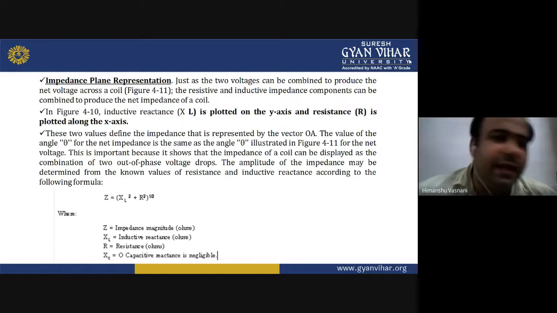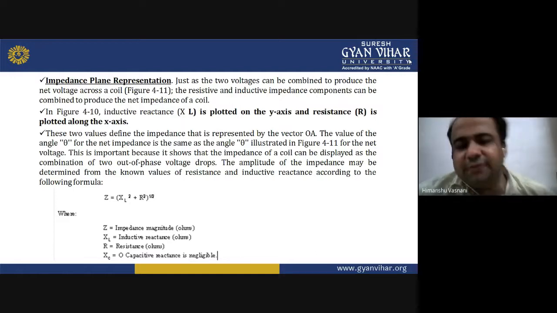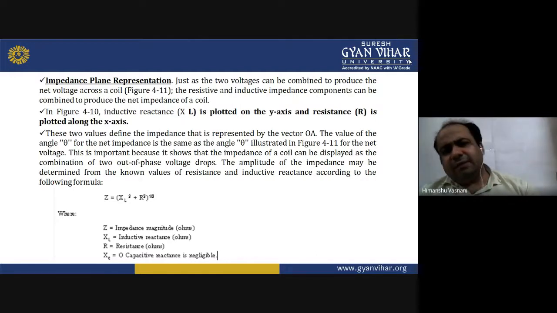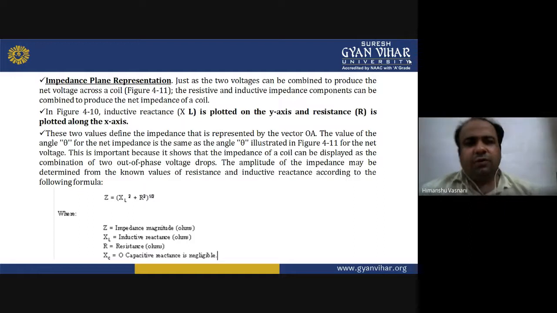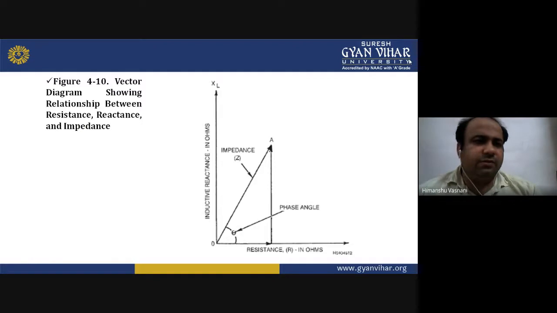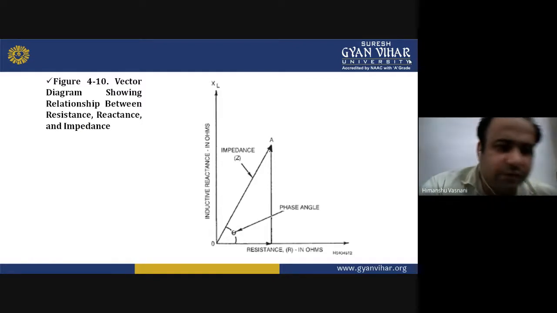Now the impedance plane representation. Just as the two voltages can be combined to produce the net voltage across a coil, the resistance and inductive reactance components can be combined to produce the net impedance of a coil. This is figure 4.10, a vector diagram showing the relationship between resistance, reactance, and impedance.